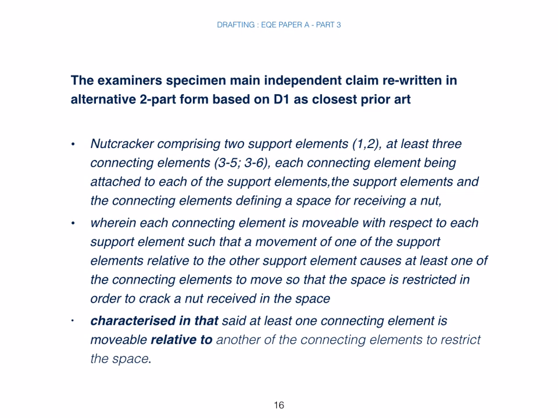Nutcracker comprising two support elements, at least three connecting elements, each connecting element being attached to each of the support elements and the connecting elements defining a space for receiving a nut. That was the original pre-characterizing part.